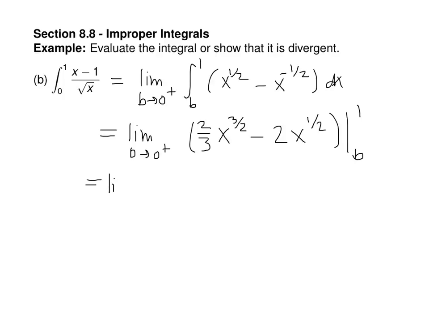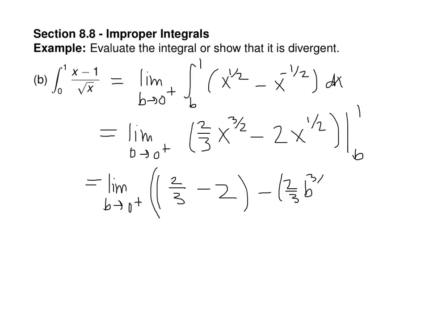So the limit as b goes to 0 plus of 2/3 minus 2, that's plugging in 1, take away 2/3 b to the 3/2 minus 2 square roots of b. And now as b goes to 0, both of those second terms go to 0, so all we have is 2/3 minus 2, which is negative 4/3.